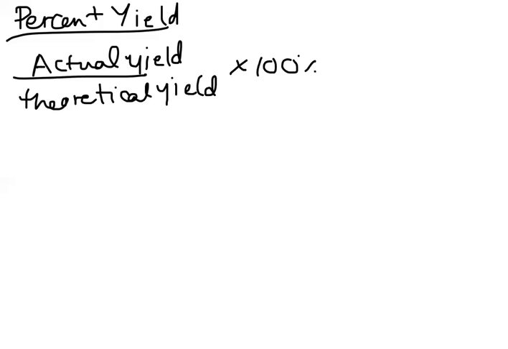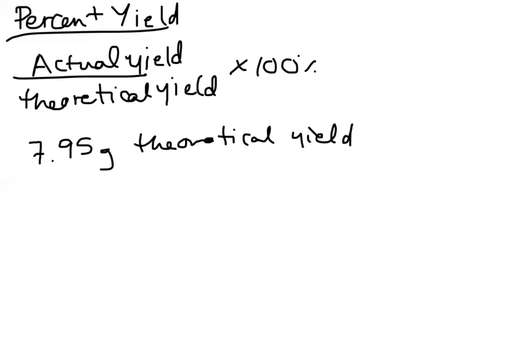In our last question, if I had asked for theoretical yield of iron hydroxide, the answer would have been 7.95 grams theoretical yield. But someone could have done that reaction and instead gotten 6.85 grams actual yield.